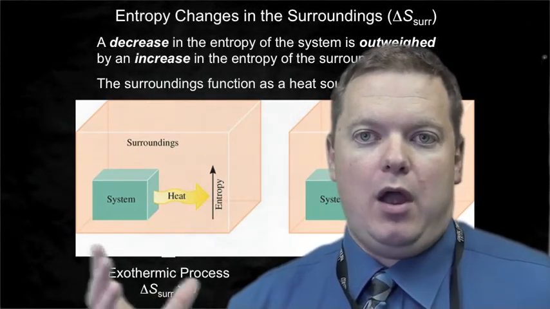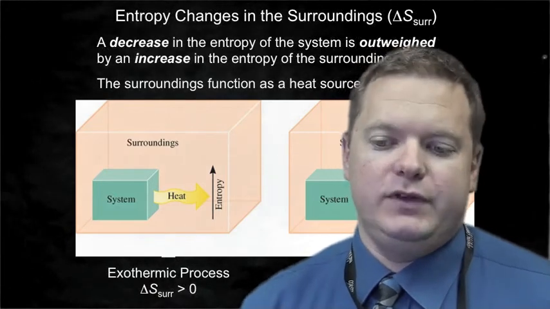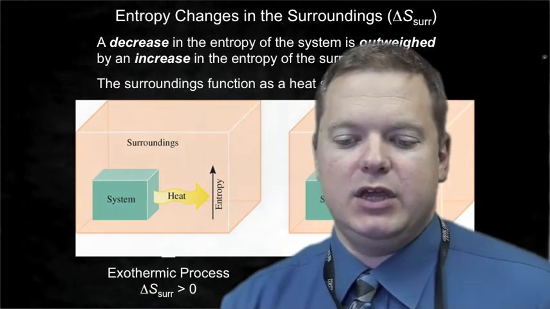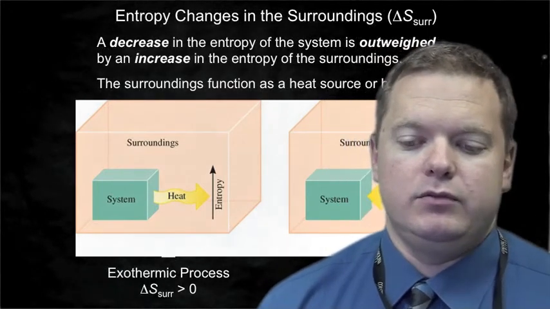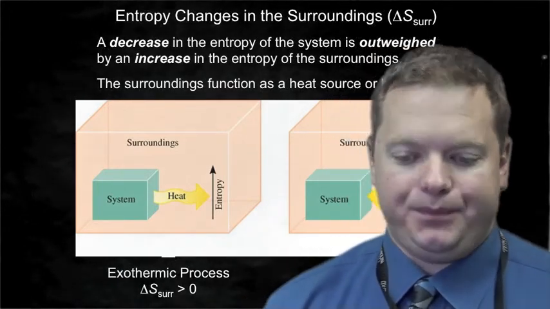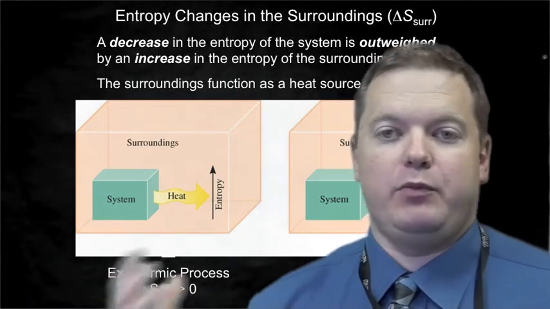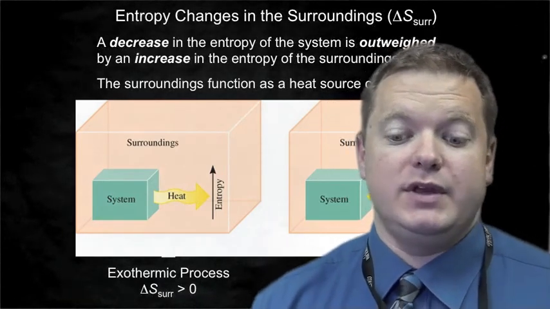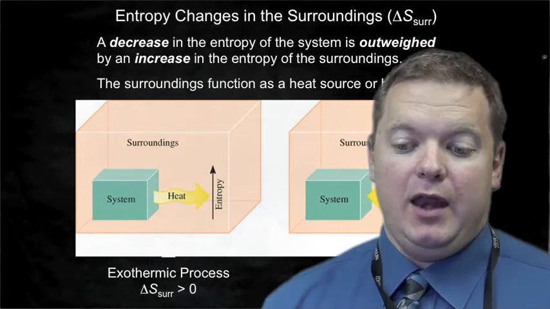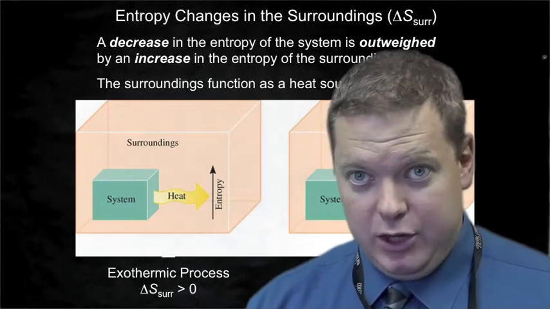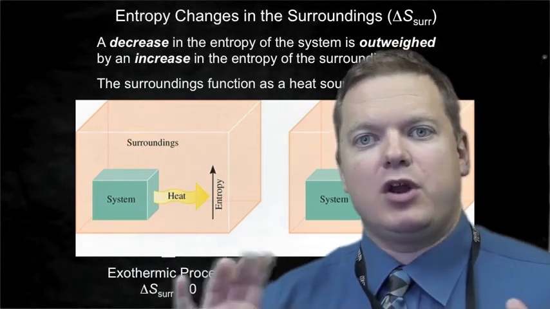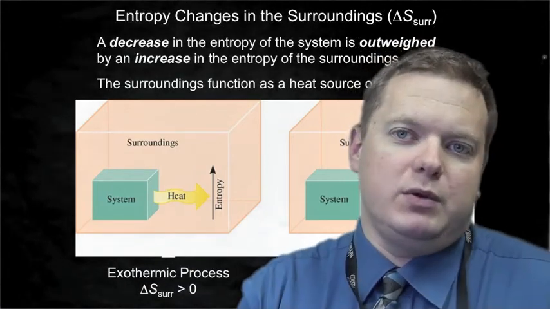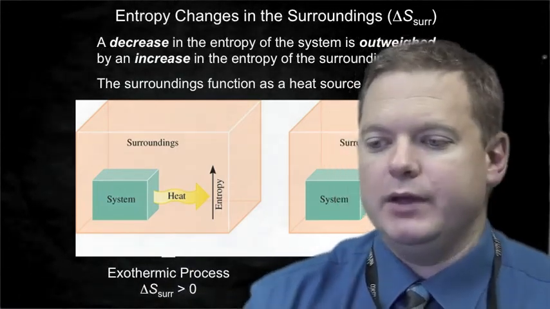The surroundings are a heat sink. So when we see a decrease in the system, we get a corresponding gain in the surroundings. In an exothermic reaction, the delta S of the surroundings has to be positive. In an endothermic reaction, the entropy of the surroundings has to be a negative number. So they are somewhat related, but not directly within the system, more in the surroundings.